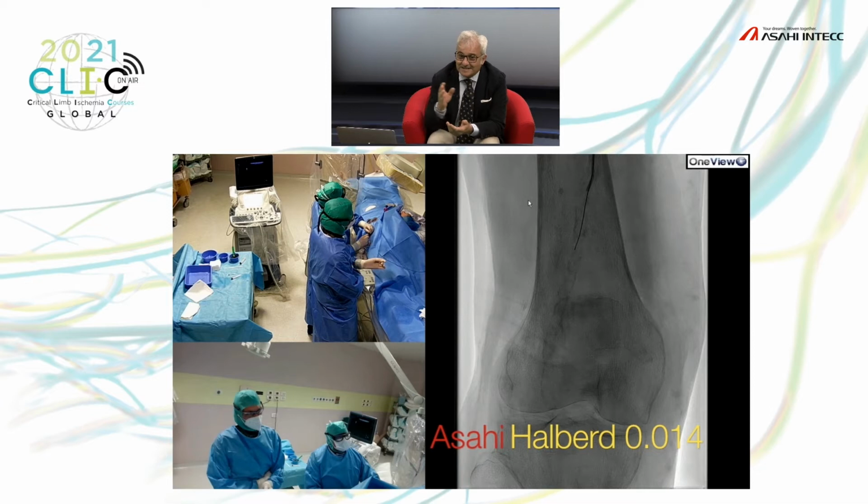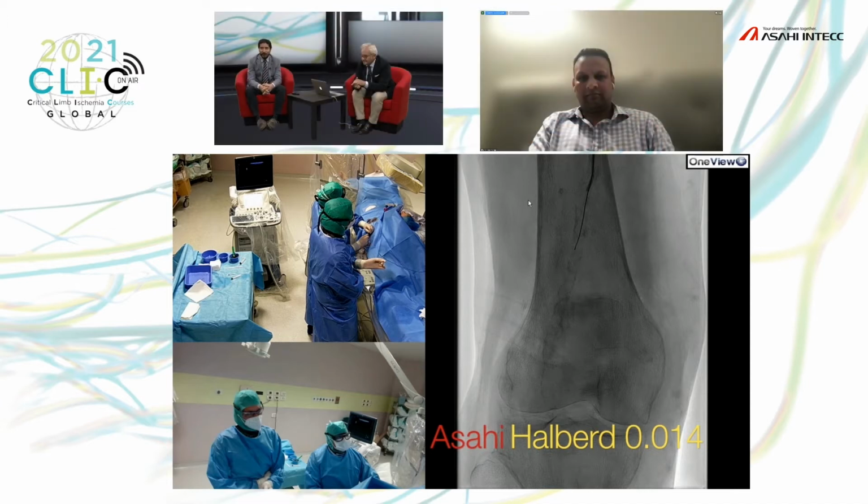In a session of CLIC, we discussed this topic, why we cannot use directly a 1/4 in SFA. And another comment is that even me, I almost never start with a CTO guide wire.